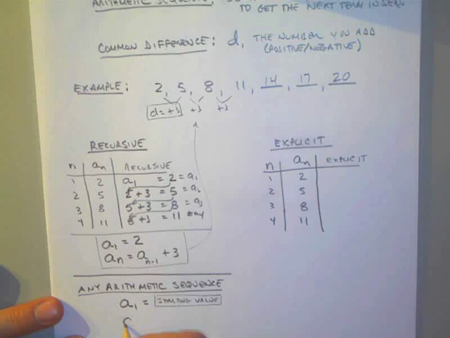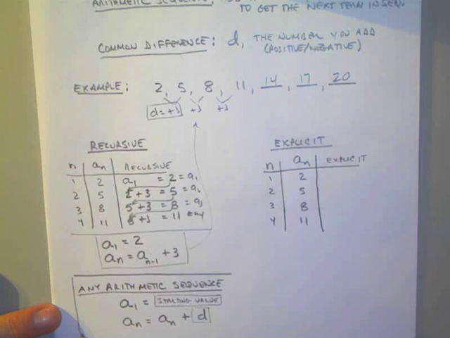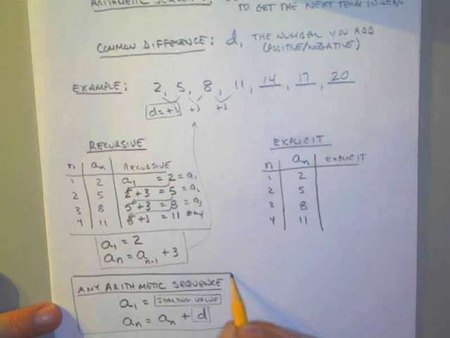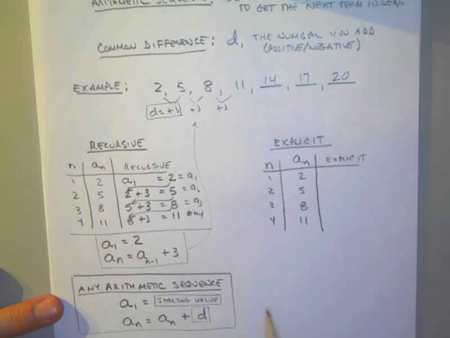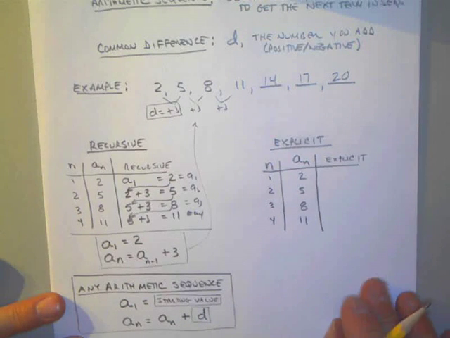And then any other term will be the previous term plus the common difference. And I'm going to put a little box around that because that's the other thing that you'll plug into the equation. So this is the general formula for any arithmetic sequence, the recursive formula. All you need to know is the starting value and the common difference. Plug it in here and you have the formula.